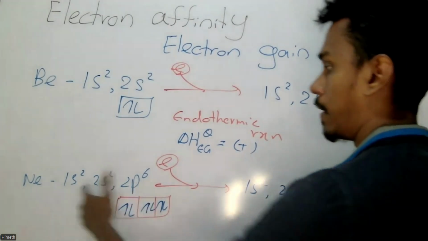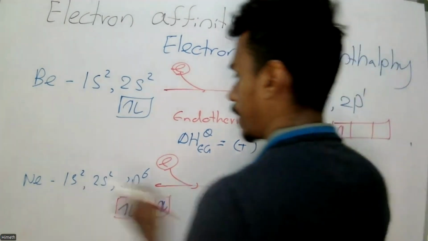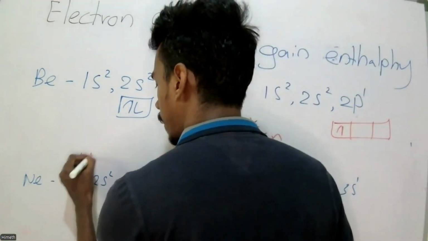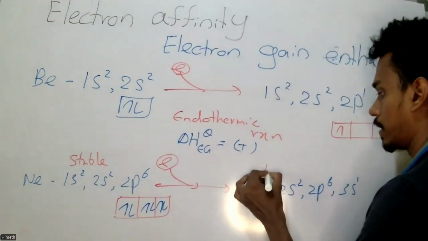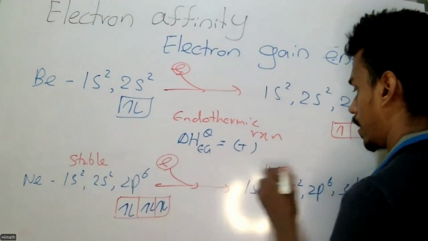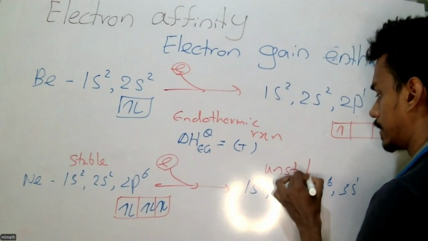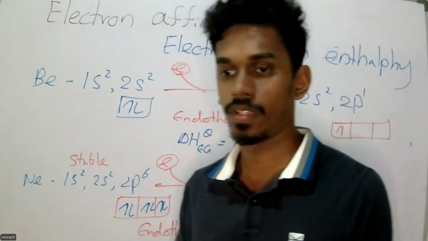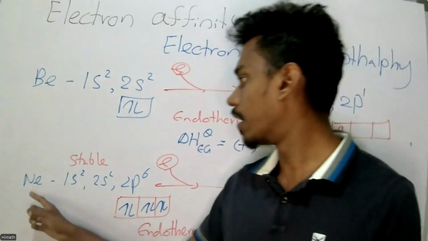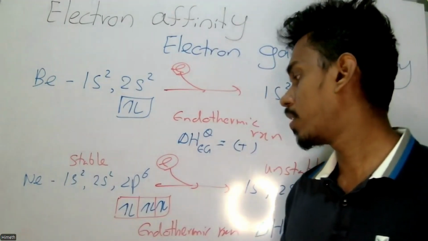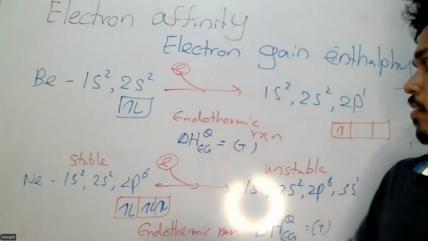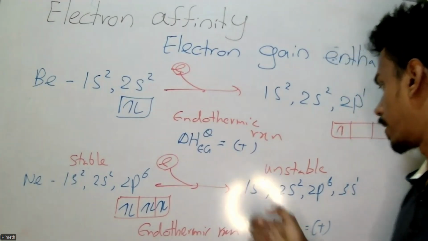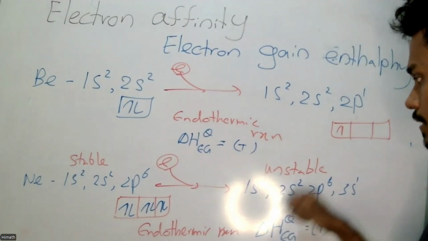This is an unstable state compared to its initial state. Like I mentioned before, neon has a stable electron configuration, and when we add an electron, it converts to an unstable electron configuration like this.